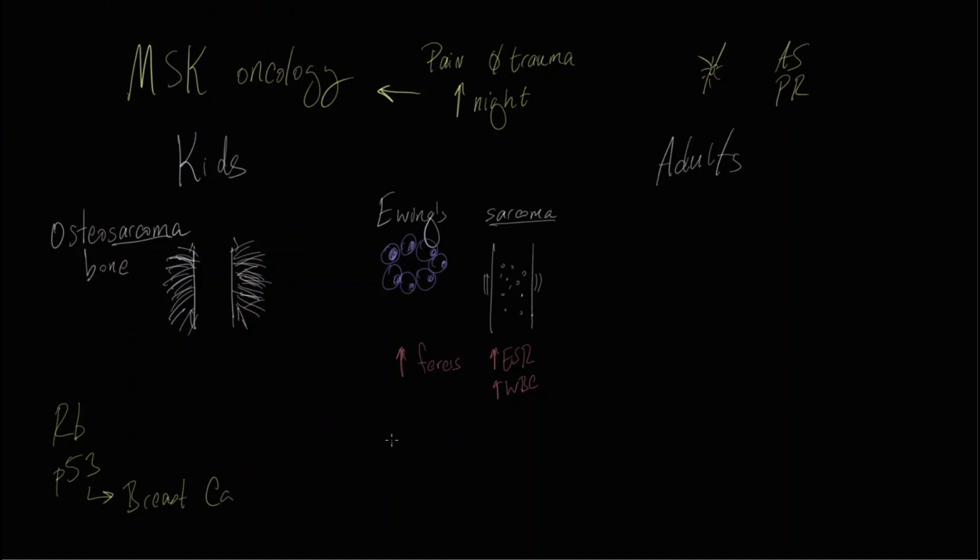And for Ewing sarcoma, there is a translocation you need to know. 11;22. One way to memorize this is that if you were old enough to be alive in the 90s, the New York Knicks had a center named Patrick Ewing who wore number 33. So if you can remember 11 plus 22 is 33, it'll help you remember that translocation.